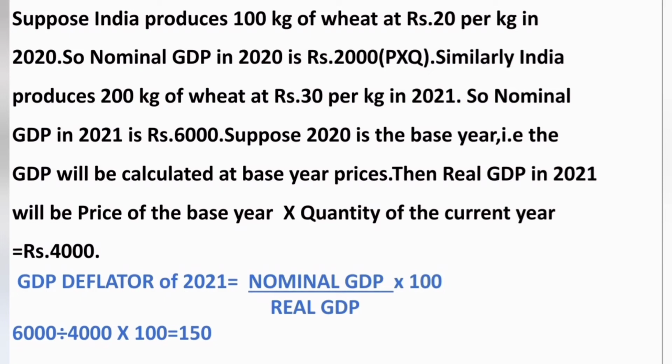So GDP deflator of 2021 is equal to nominal GDP 6,000 divided by real GDP 4,000 into 100. It will be 150. Thus, GDP deflator explains how inflation or the price level, increase in price, has affected GNP over the course of a year. So, the general price level, inflation, has affected the GNP over the course of a year.